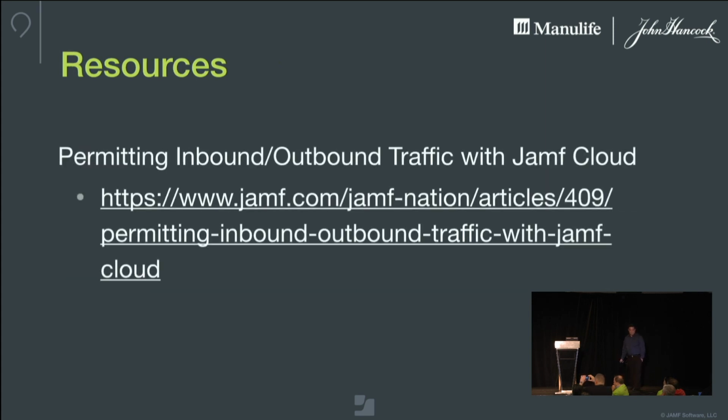A couple of resources for everyone. This is the Jamf knowledge base article for permitting inbound and outbound traffic with Jamf Cloud. This has all of the AWS IPs in all their regions that you will have to whitelist inbound traffic from for infrastructure manager. So it'd be their IPs and then whatever ports inbound you're going to use above 1024.